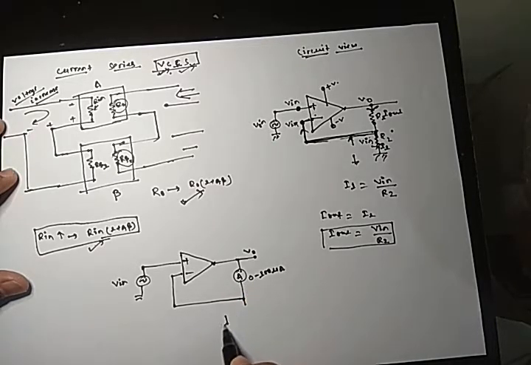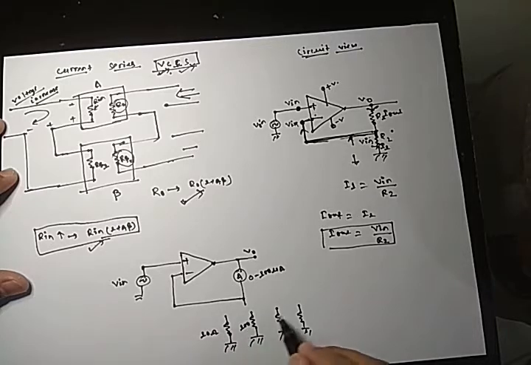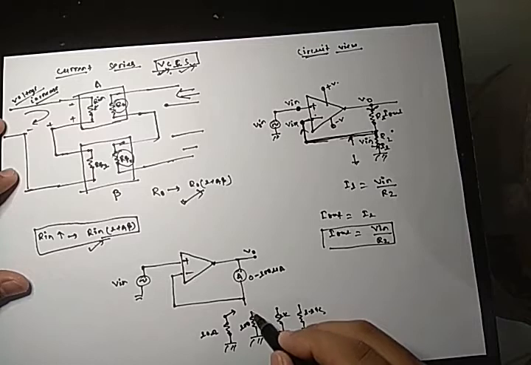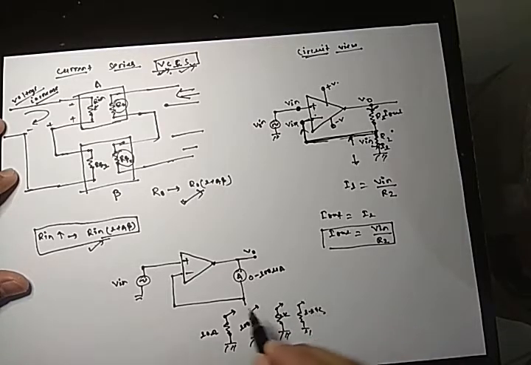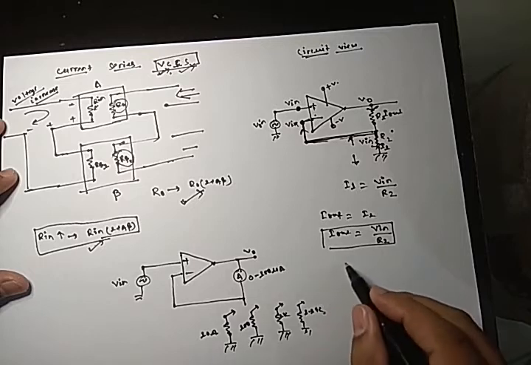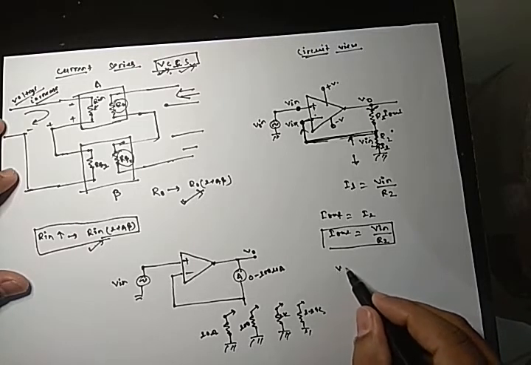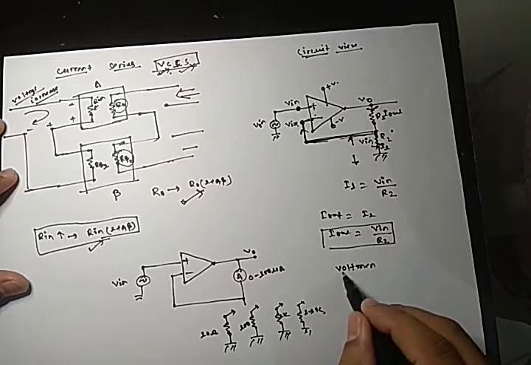Now if we have resistances of 10 ohm, 100, 1k, 1.1k, then if we connect 10 ohm first, then 100 ohm, then 1k, then we could easily make a voltmeter, an electronic voltmeter, using this one.